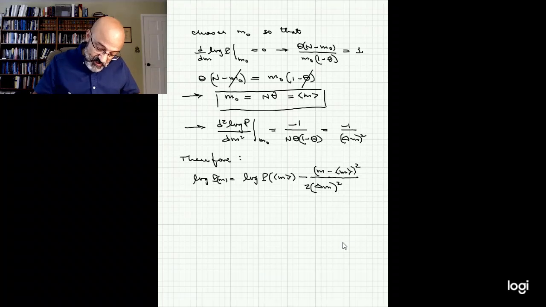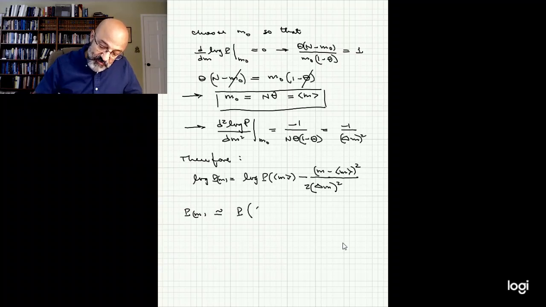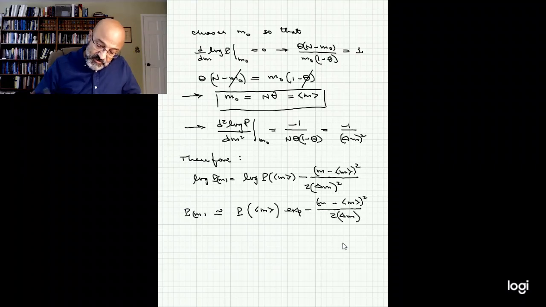So when we actually write it out, take the exponentials on both sides, what we find is that for large m, this is going to be the probability evaluated at the expected value multiplied by the exponential of minus (m minus m0) squared over 2 delta m squared.